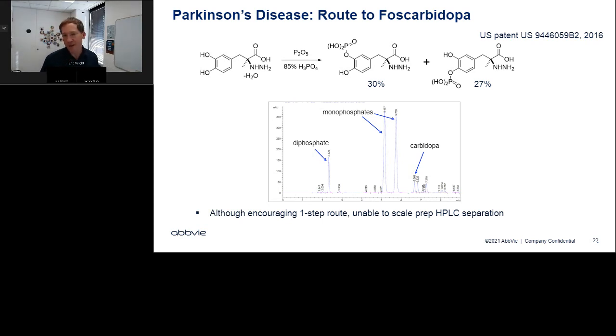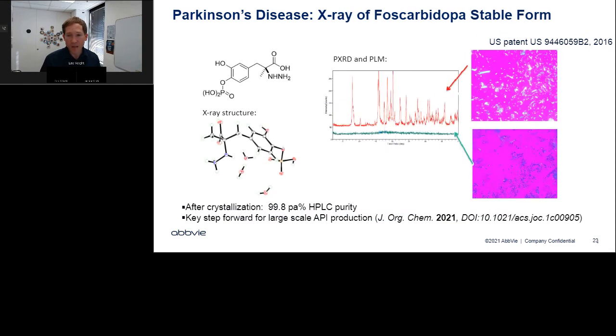So we later did find more scalable ways to make these and collaborated with process chemistry on that, and they published that story. A big step forward, however, with carbidopa phosphate was the isolation of it. When we first made this, we concentrated the aqueous HPLC fractions and got a really nice solid.